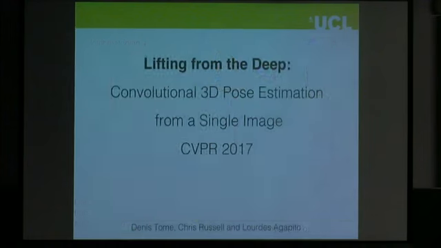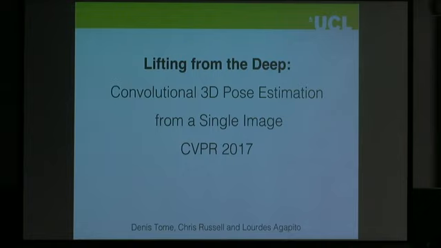So now I'm going to switch modes a bit, and I'm going to talk to you about the problem of reconstructing the human pose in 3D just from a single image. This is work that I've done with Dennis Tomei and Chris Russell at UCL as well.